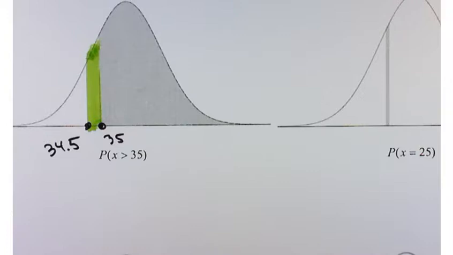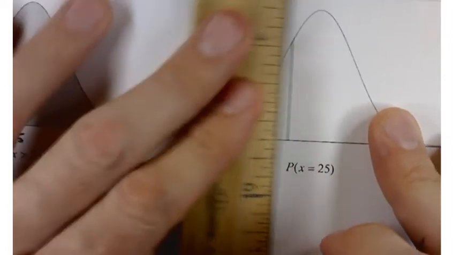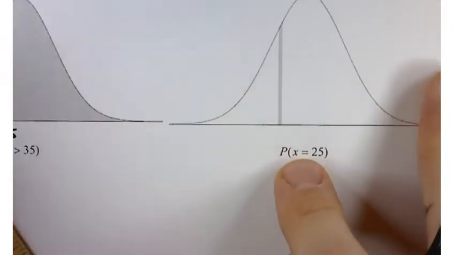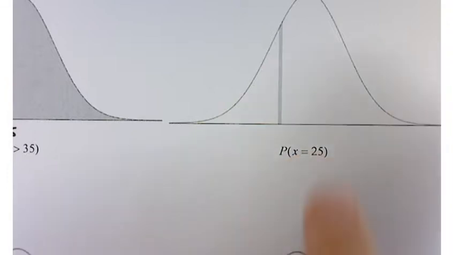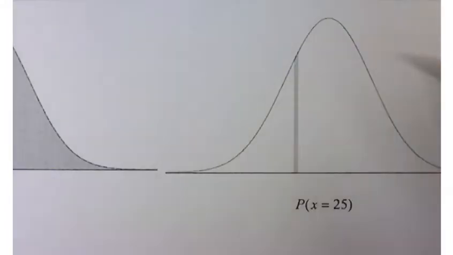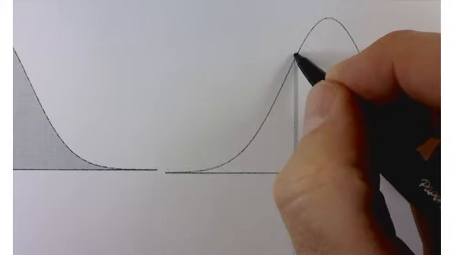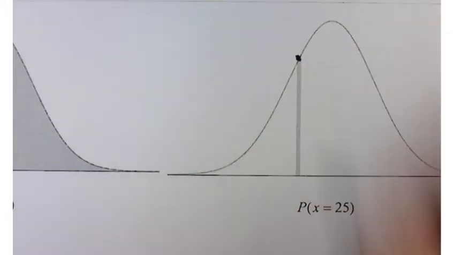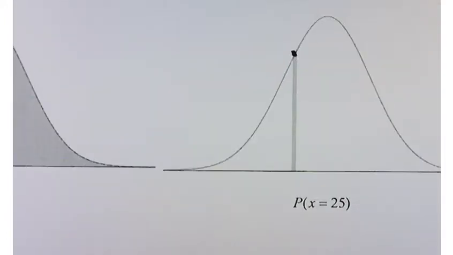Okay, last one like this. We're right here at x equal 25. It's not less than 25, it's not greater than 25, it's actually equal to 25. Now for the normal curve, you're going to run into a problem because there's no area underneath 1 point. There's just 0. Nothing.